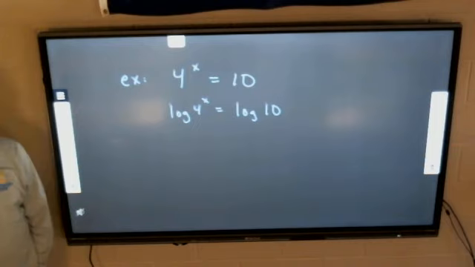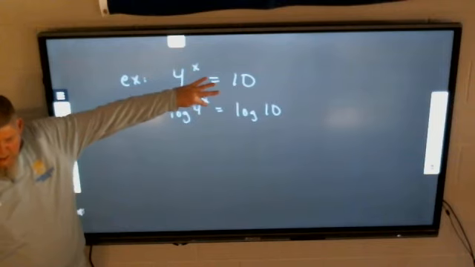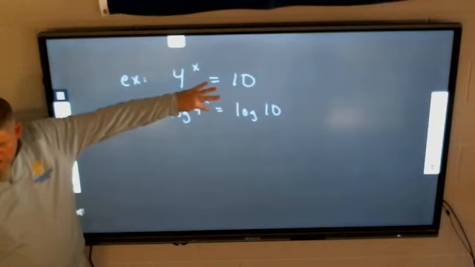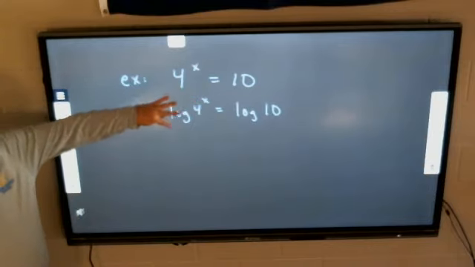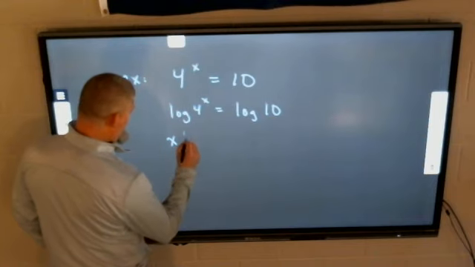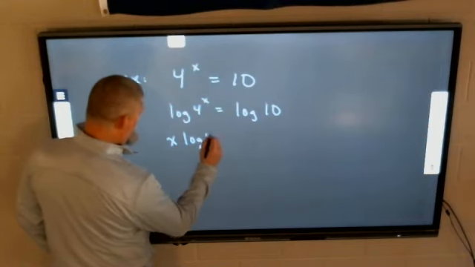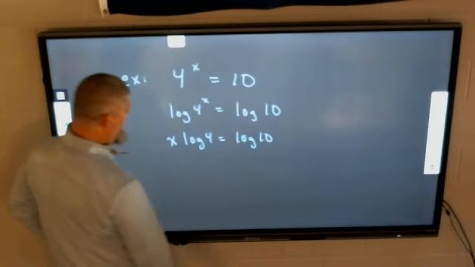Now, by doing that, what rule allows me to take care of this x? Remember, with the x as the exponent, I can move it to the front by using the power rule, okay? So I have x times the log of 4 equals the log of 10.